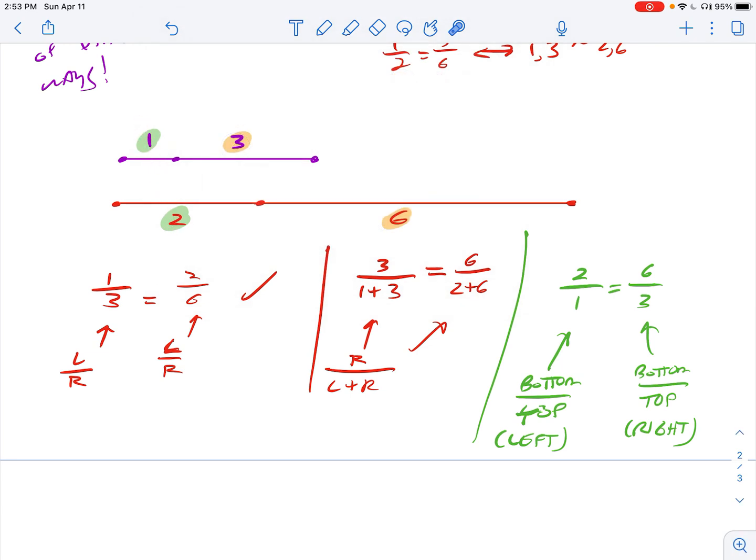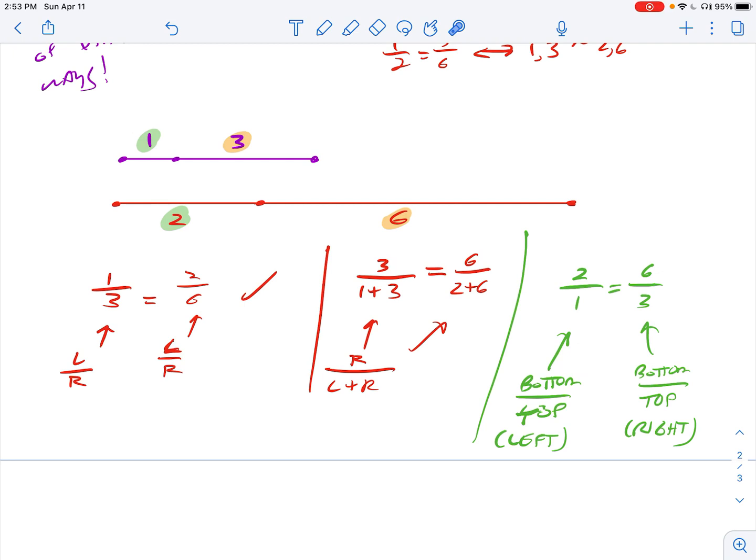Yeah, they're both on the left. Does the one match the three in some logical way? Yeah, they're both on the top. Does the one match the six? Not really. So what you'll notice is in these different equations I've set up, I never have 1 and 6 directly compared to each other on the same side of the equation because they're really not related.